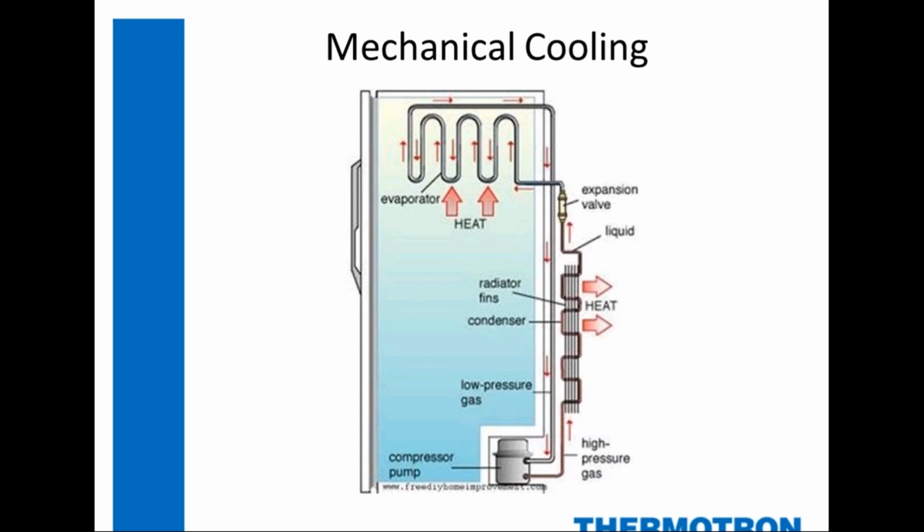Then that refrigerant is brought back into the compressor through suction and is recirculated around again. This is the exact same concept you would have with a home air conditioning unit. And the basic concept with all of these is you're simply taking the heat and moving it from one place to another.